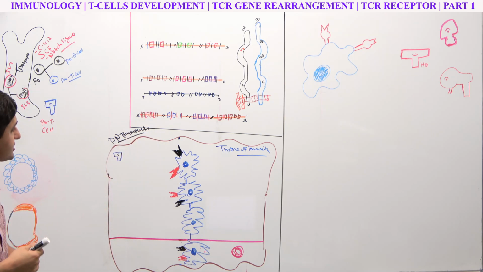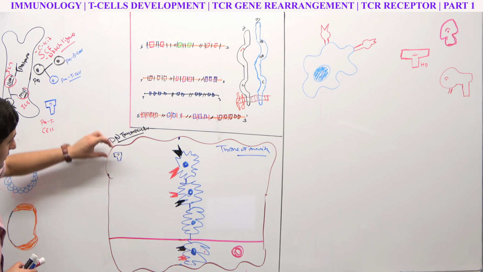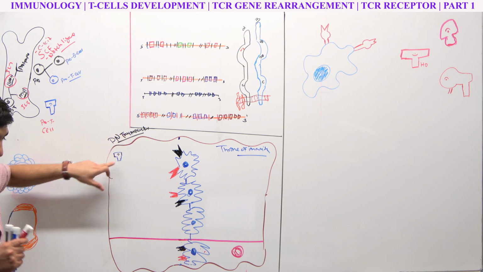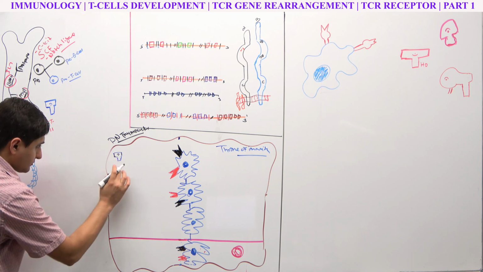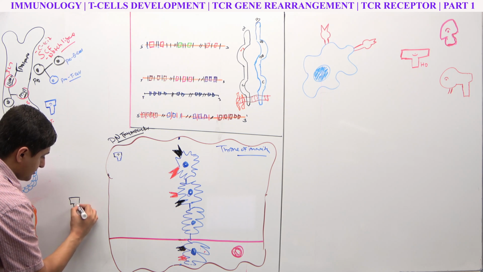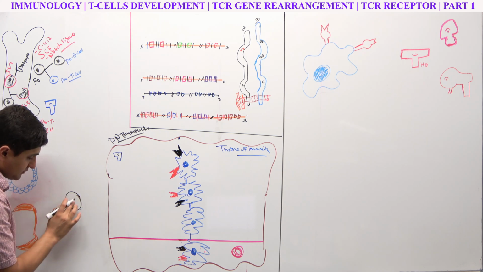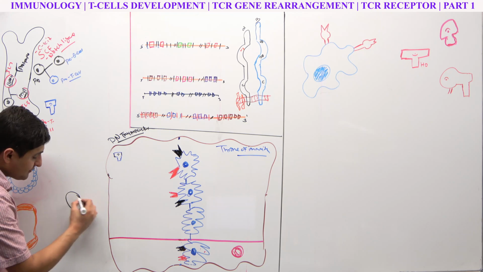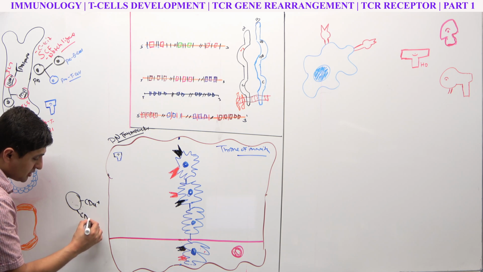What is the concept of double negative thymocyte? Let me just quickly tell you about this. If this is my thymus, and these cells show something like CD4 positive and CD8 positive, right?